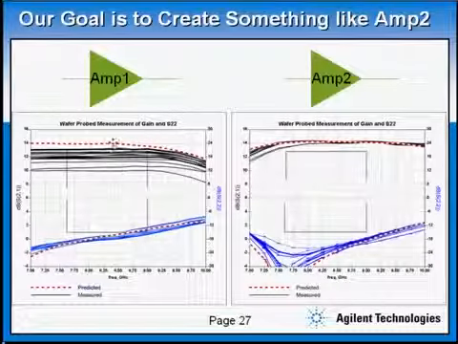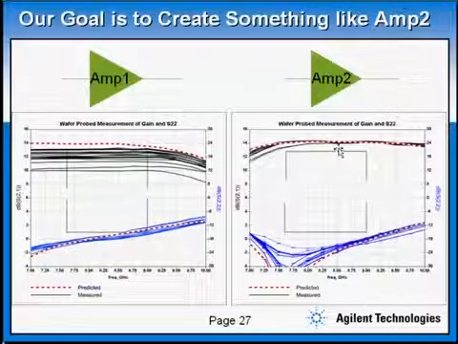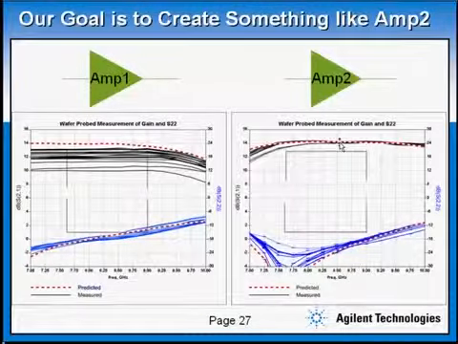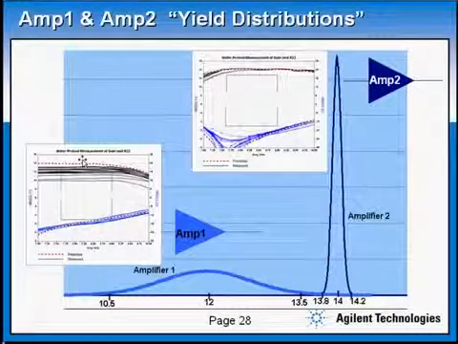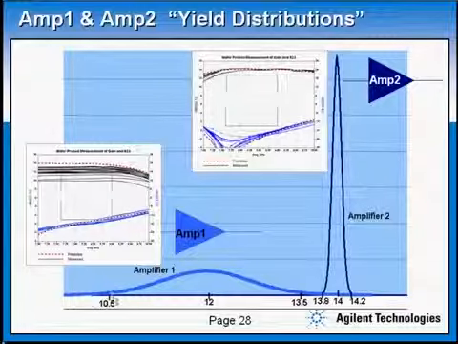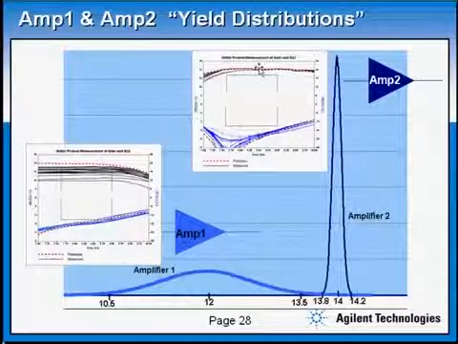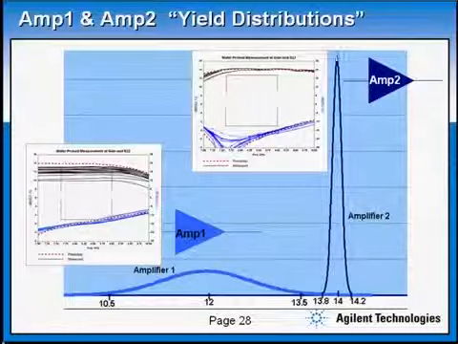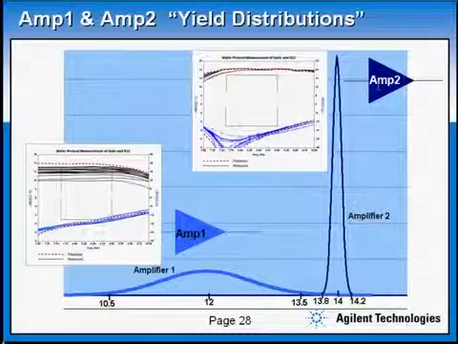And just to illustrate this concept with the amplifier that I showed you before, if I take the standard amplifier, amplifier 1, and the DFM based or design of experiment based amplifier 2, and I plot the gain on the x-axis, amplifier 1, which has a wide variation in the gain, I can plot with this normal distribution curve, and I take the DOE based design and I plot it here with the gain on the x-axis.